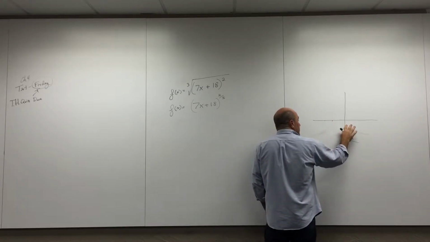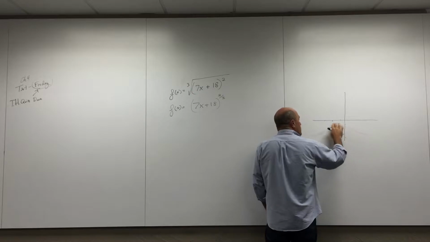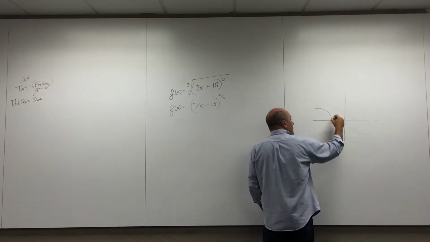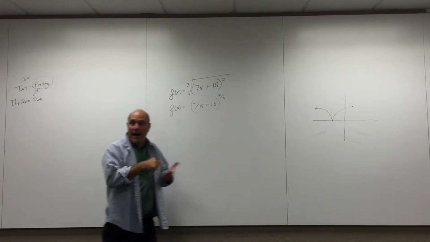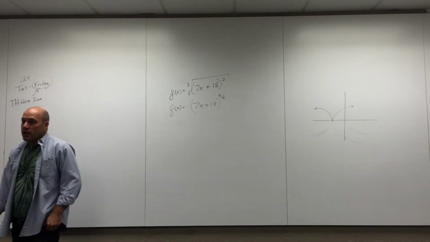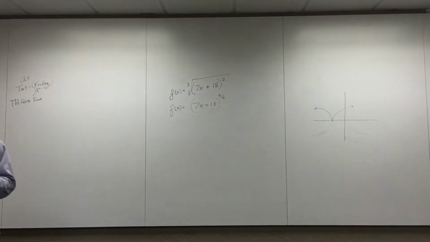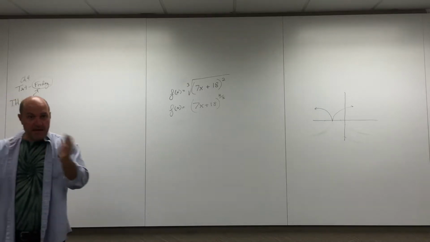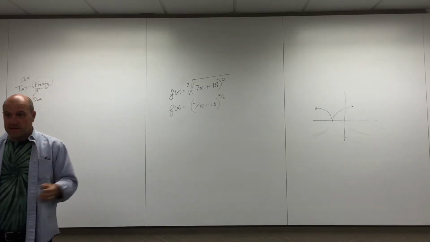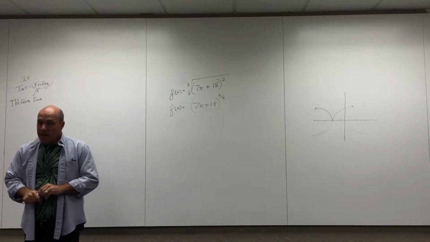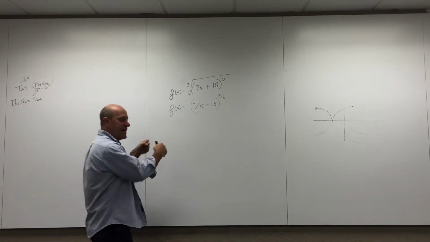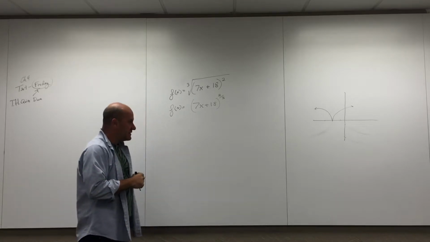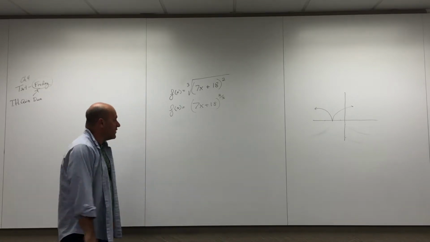I'm worried sometimes maybe you don't even know how to use your graphing calculators. You just got to go to y equals and type in the equation, and then you play with the window. Usually the key is messing around with the window so you can see this thing. But I've mentioned that before. Again, I've never brought in a calculator and given you calculator lessons. So anyway, I hope you know how to do it.